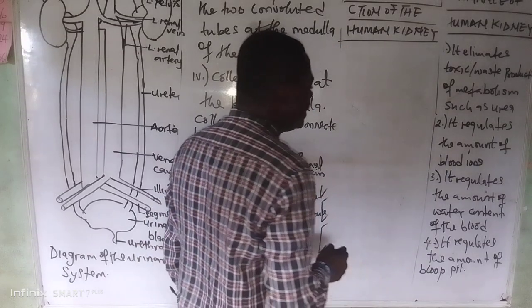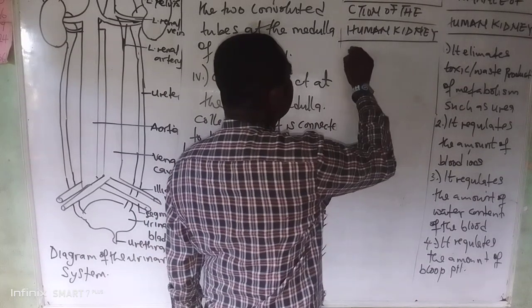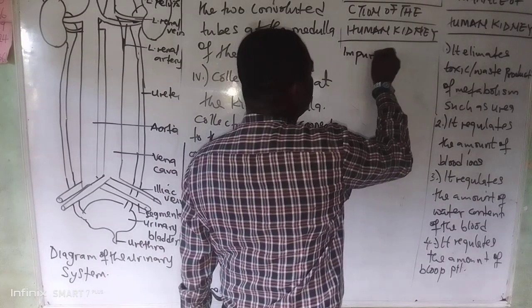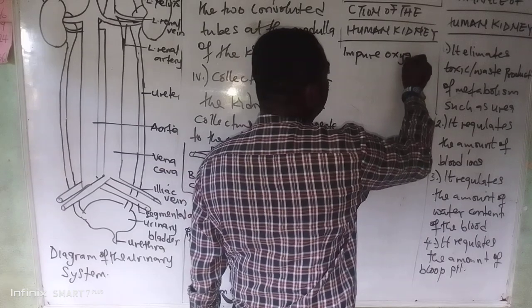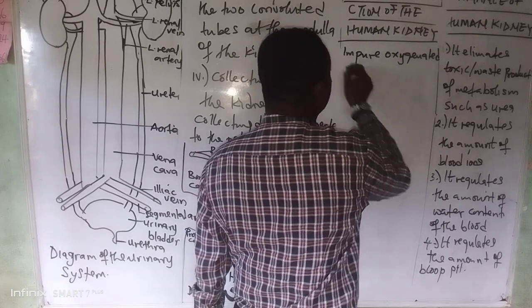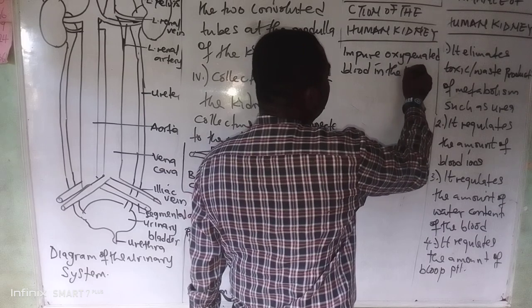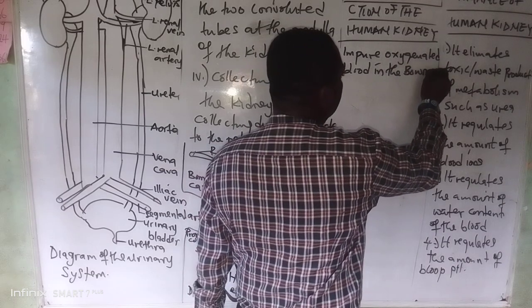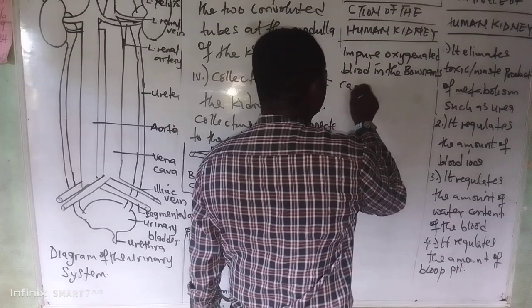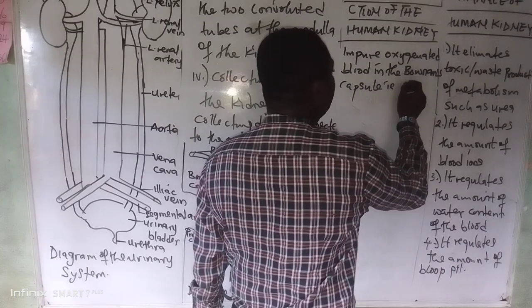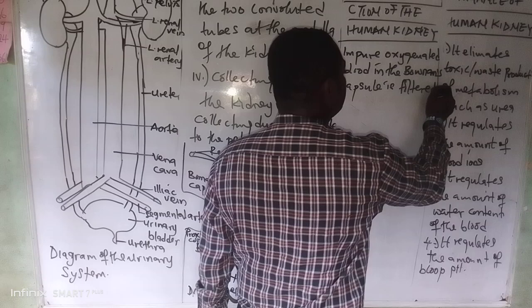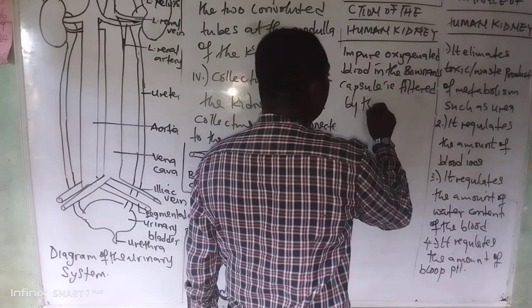Now, I told you the other time that in pure, oxygenated blood, in the Bowman's capsule, is filtered by the glomerulus.